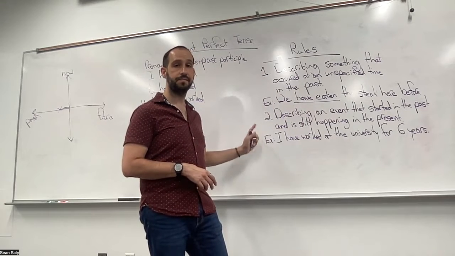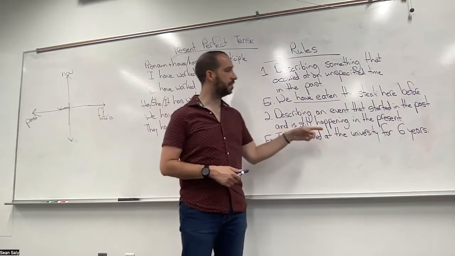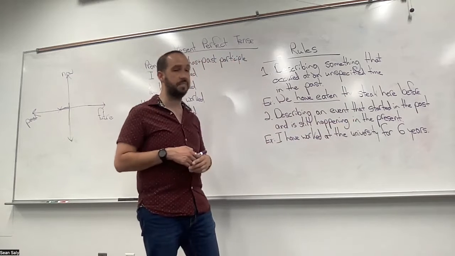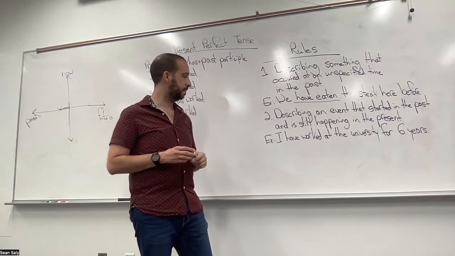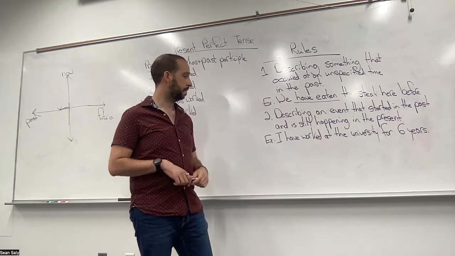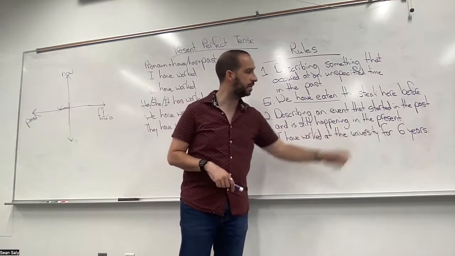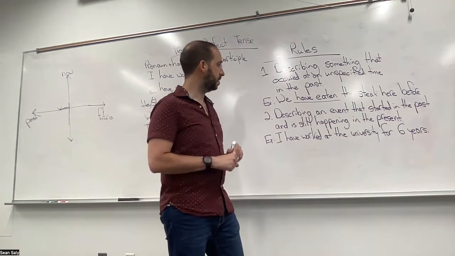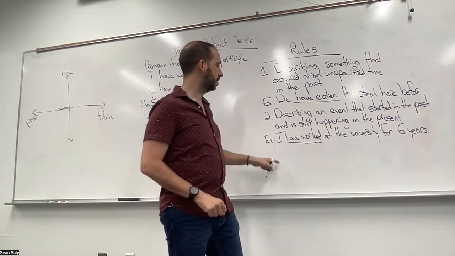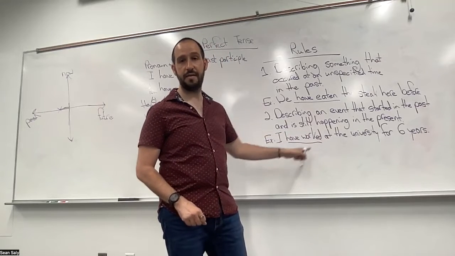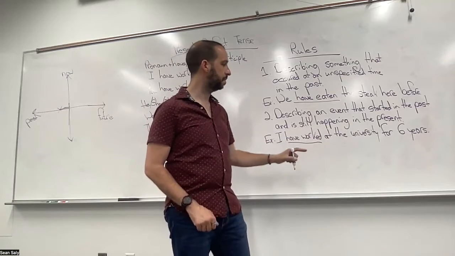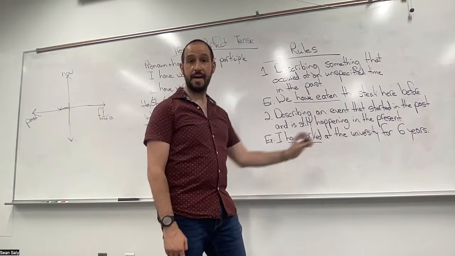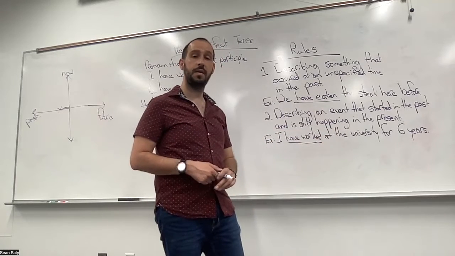Rule number two, describing an event that started in the past and is still happening in the present. Here's our example. I have worked at the university for 6 years. Okay, so here is the present perfect verb, have worked with the past participle, and I have worked at the university for 6 years.